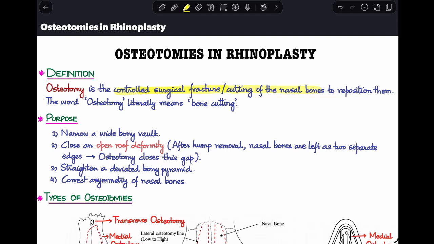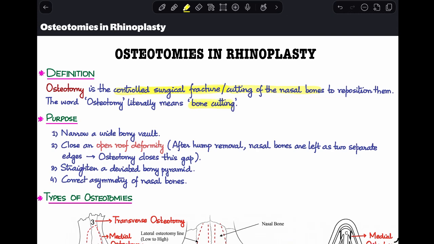You can check it out to understand it more. So coming to the bony vault, one of the bones on the bony vault is the nasal bone. So osteotomy is how we are introducing a controlled fracture in the nasal bone so that we can actually reposition them. And the word osteotomy literally means bone cutting.